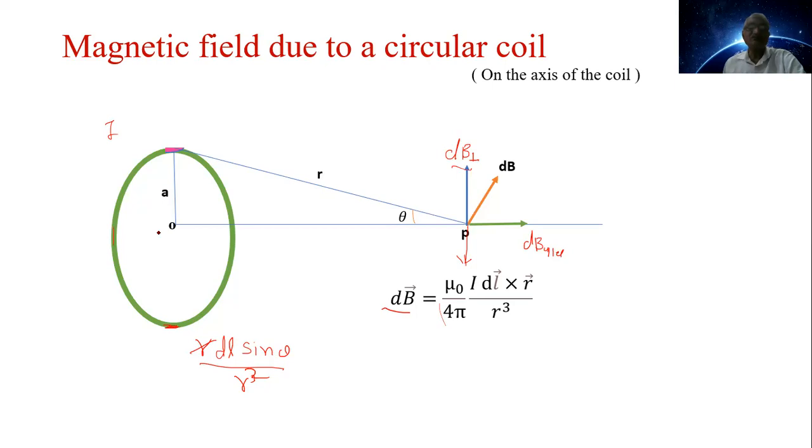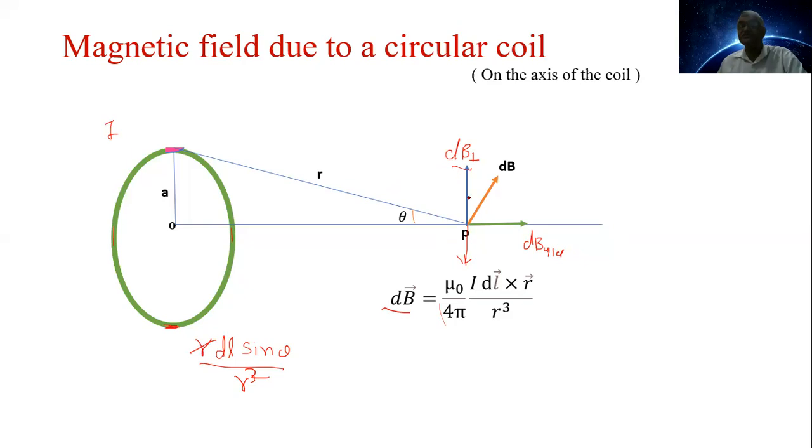Similarly, we consider this current length element and that current length element. This circular loop can be divided into an even number of current length elements, and that's why all the perpendicular components get cancelled. And that's why the resultant magnetic induction at point P is only due to what?